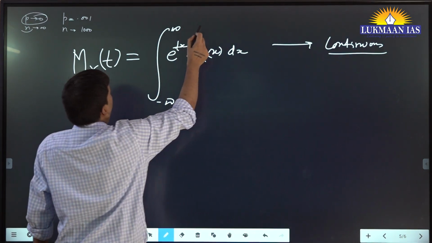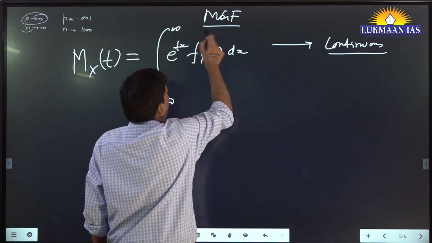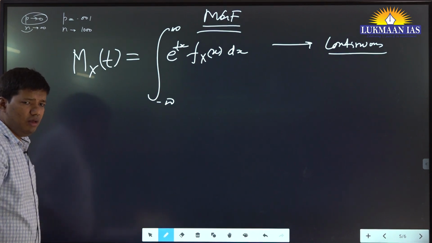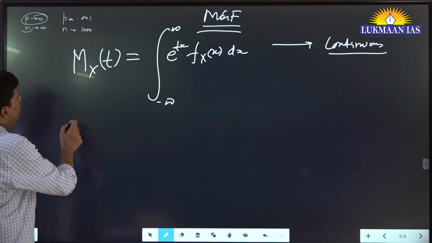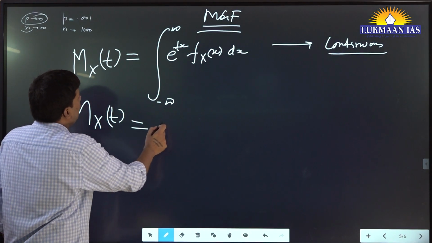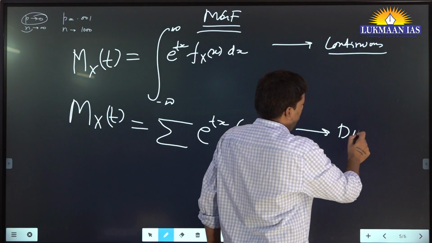This is called the moment generating function, I will write it MGF. Although not directly asked in UPSC, this application is useful when you study hypothesis testing and all those things. And in the case of discrete, it is the sum, okay?